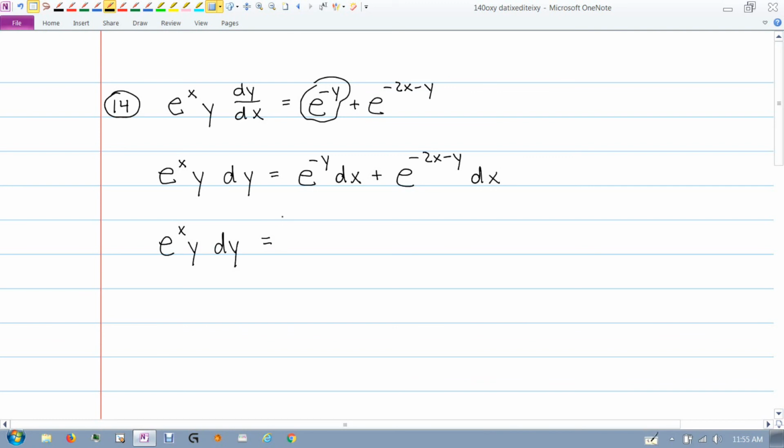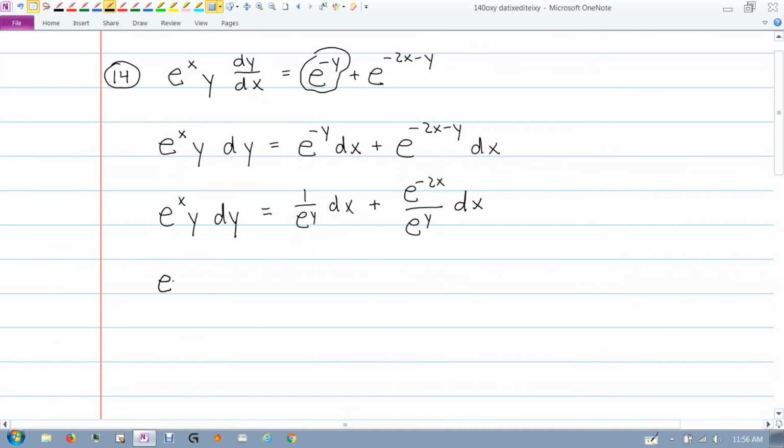Keep in mind that this is 1 over e to the y here, and this really is e to the negative 2x times e to the negative y dx. But I'm going to take this and drop it down, so that's going to be e to the y on the bottom like that. So I'm going to multiply everything, both sides of the equation, by e to the y.